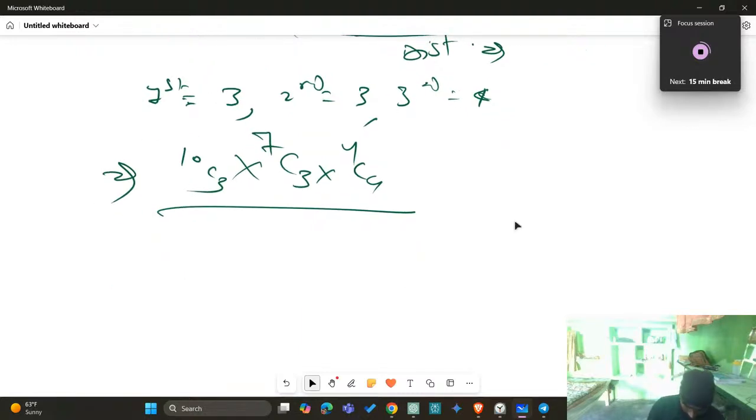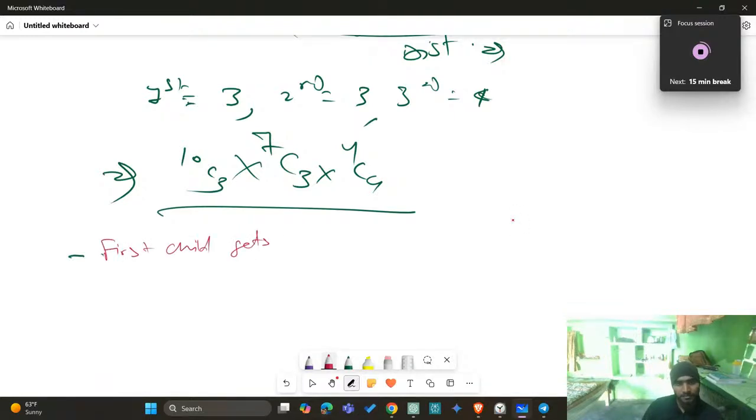Alright. But what about the case where the distribution is partially specified? Let's say we specify that the first child gets at least 2 toys.